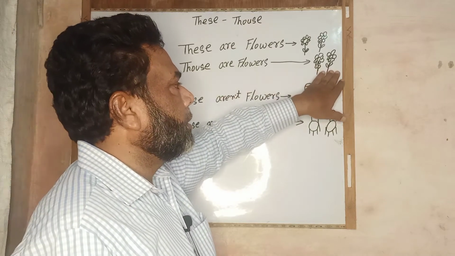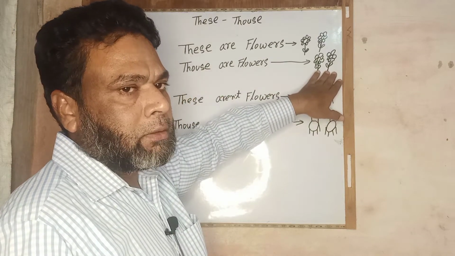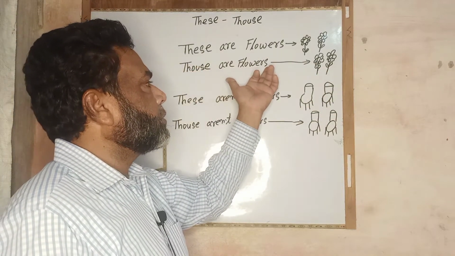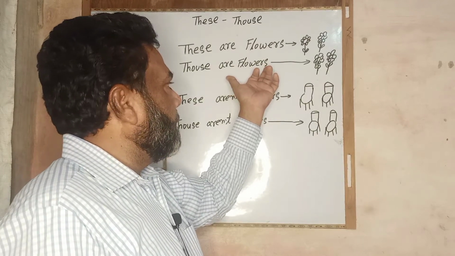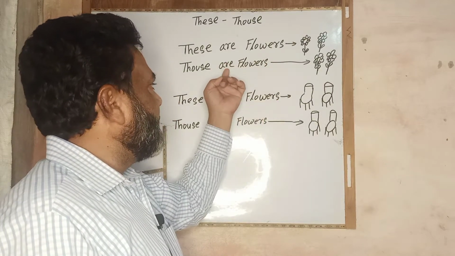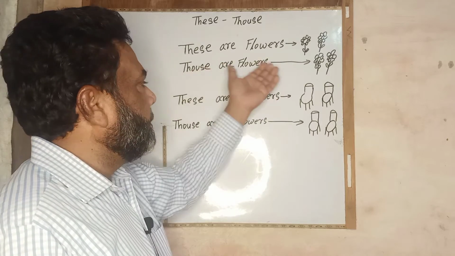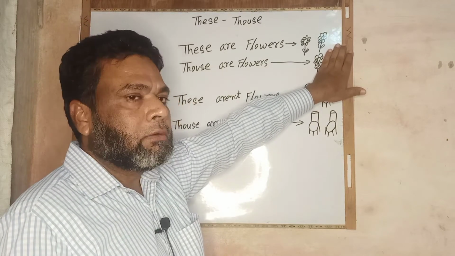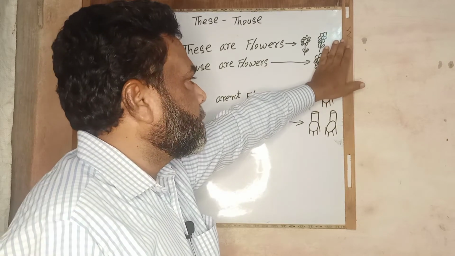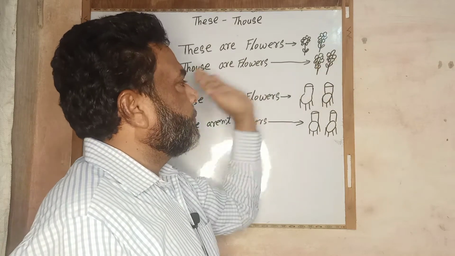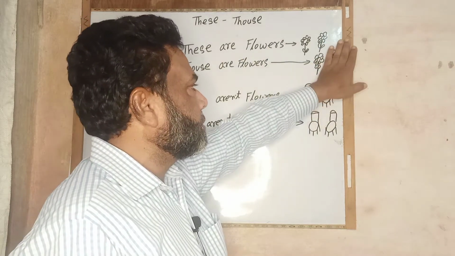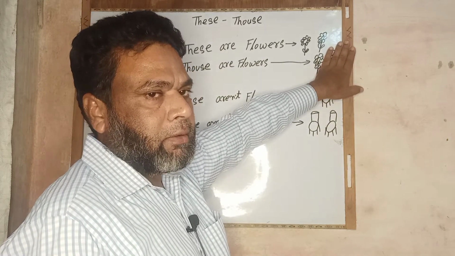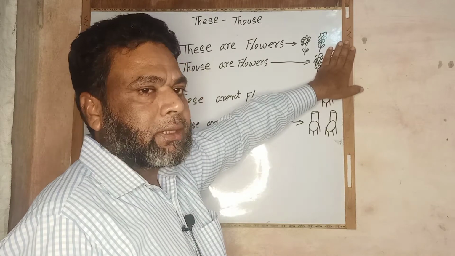And also here more than one, plural, so we use those are flowers. Also here is, and here use are. If the flower is singular, only one, and far away, then we speak that is a flower.